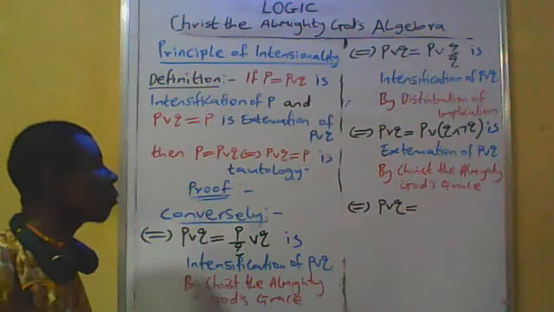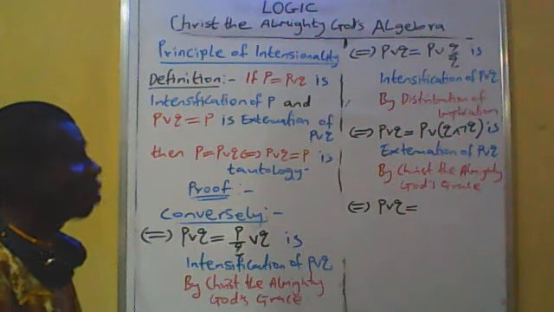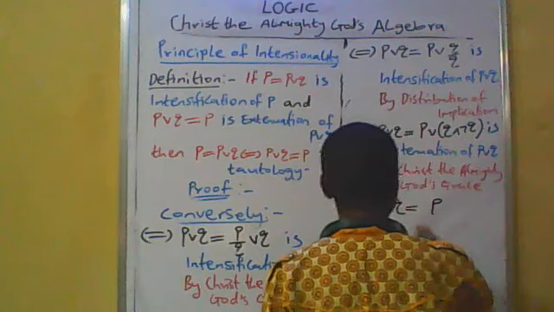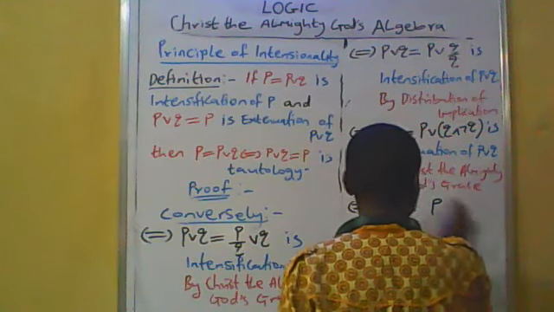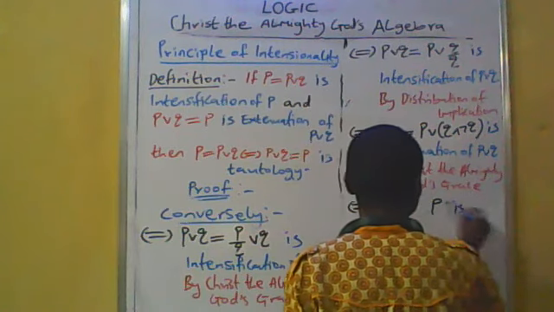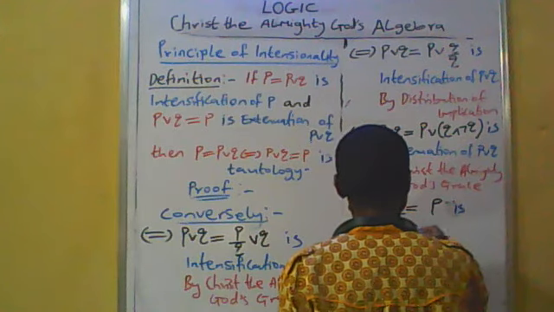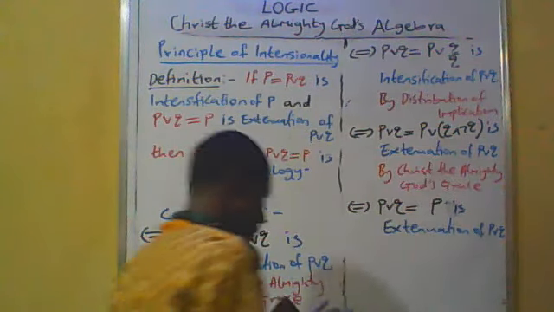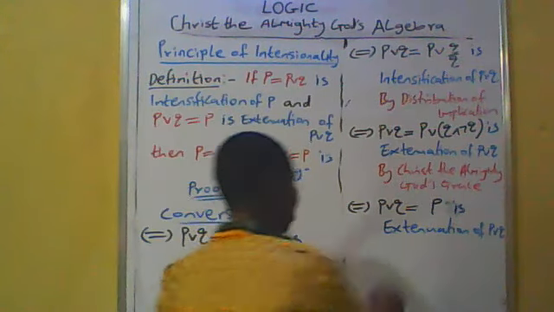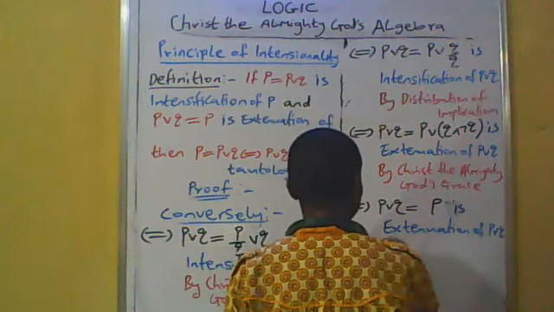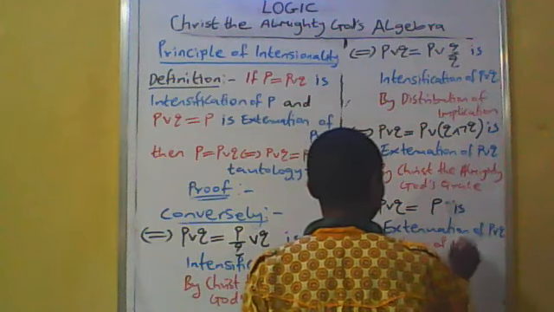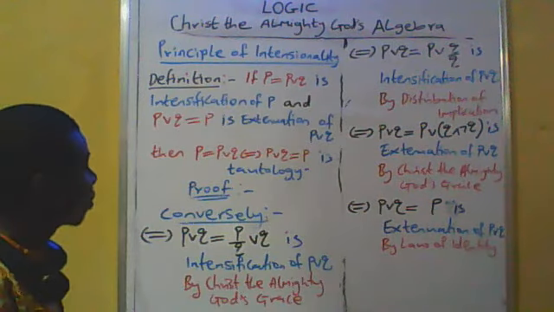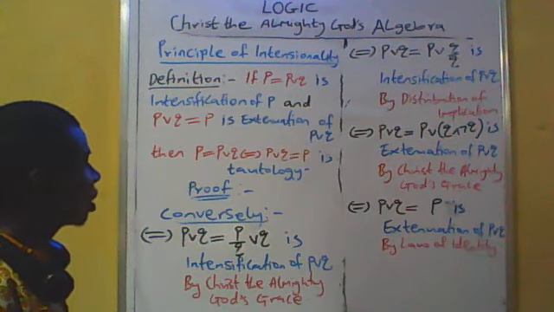This P or (Q and not Q) is equal to P, and it is an extenuation of P or Q, being justified by the law of identity. We have now proved that P or Q is equal to P is an extenuation of P or Q.